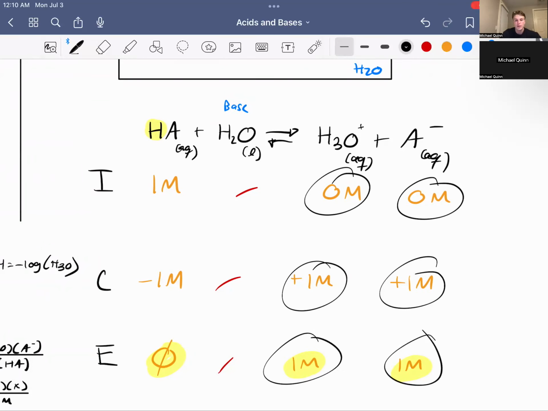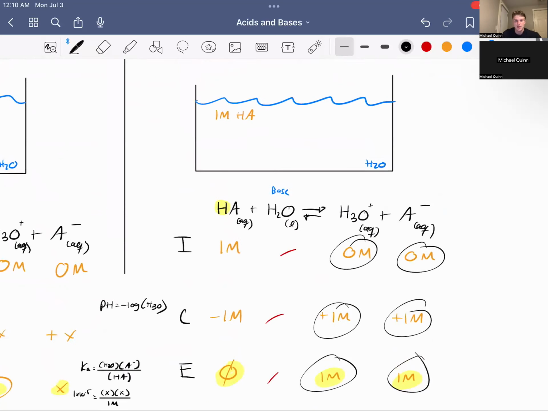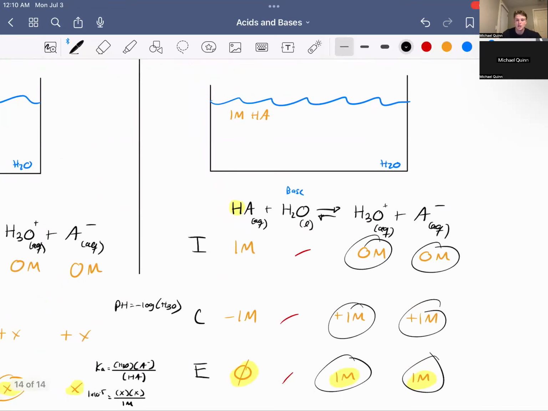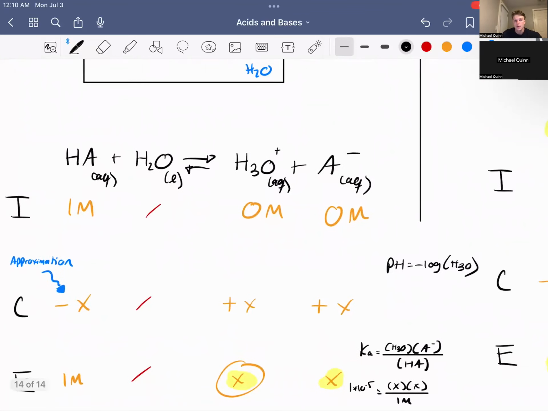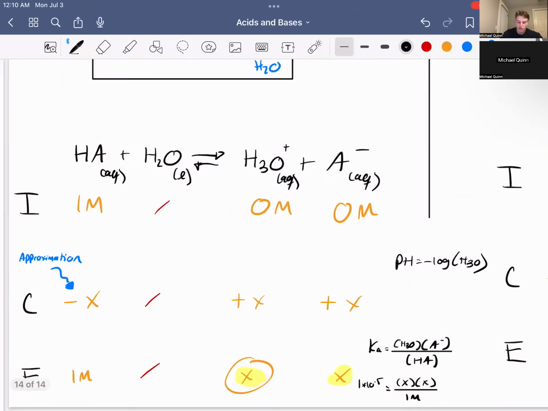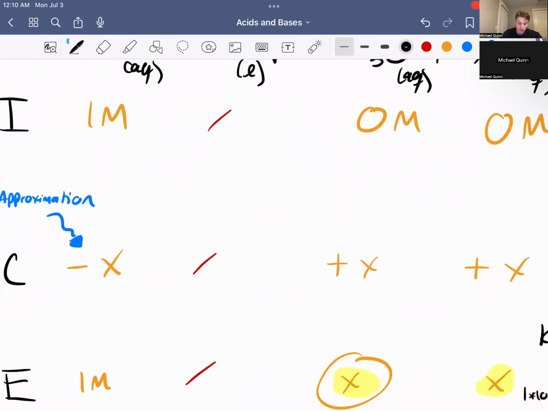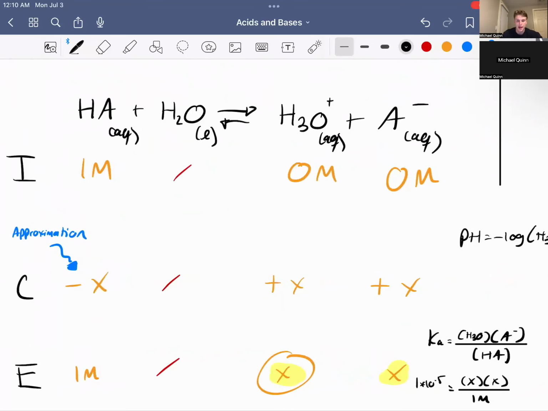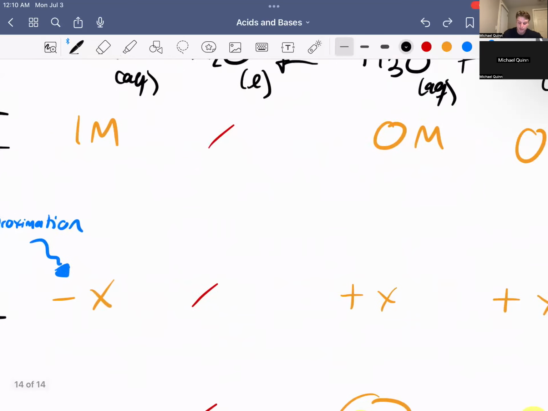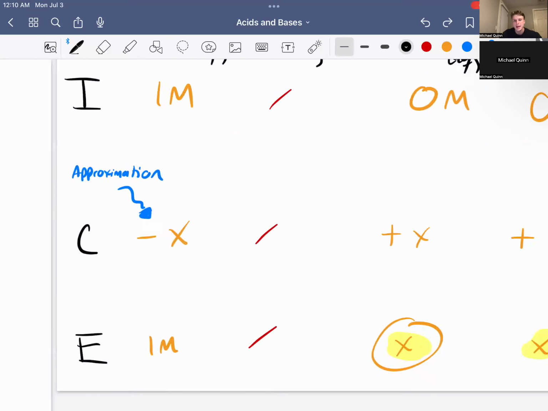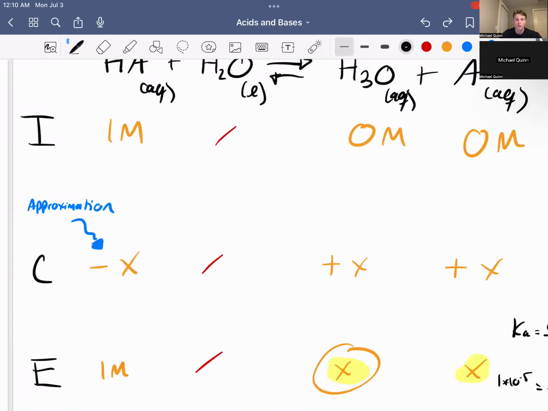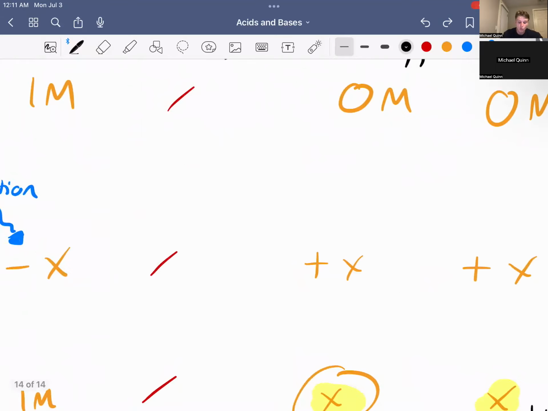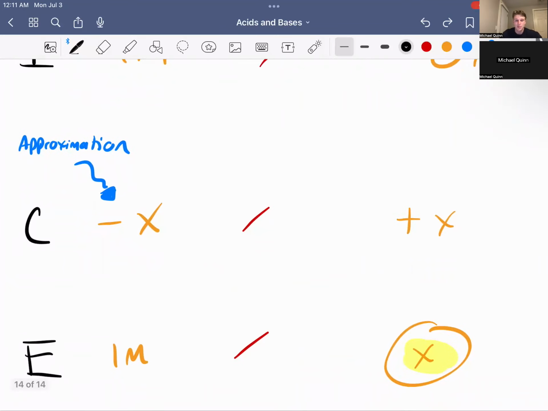So solving for a strong acid or base, in my opinion, is much easier because you can just say it goes to completion. Now, with a weak acid or base, we cannot just say it goes to completion. We have to say minus x. We don't really know how much is going to react, plus x, plus x. We approximate that because it's a weak acid or base, weak acids or bases barely react in water because they're weak. We just say 1 molar minus a really small number.